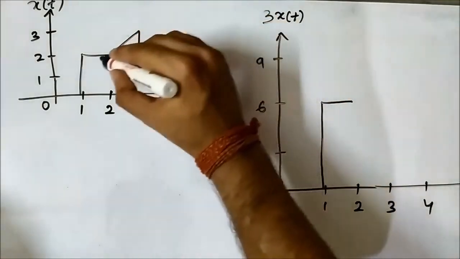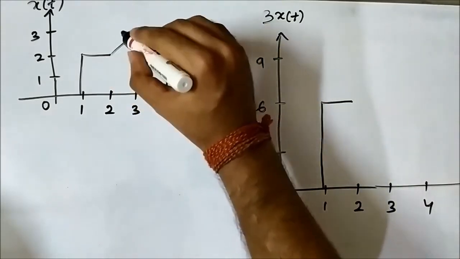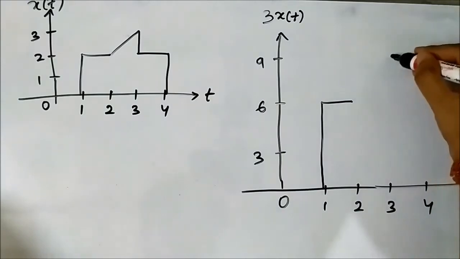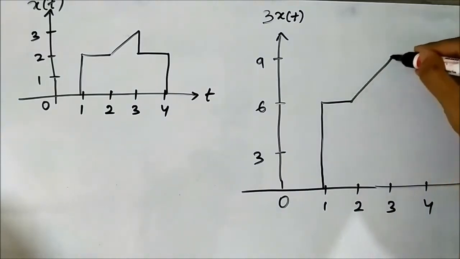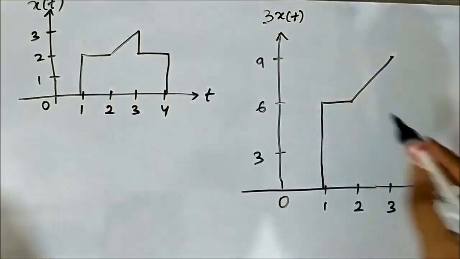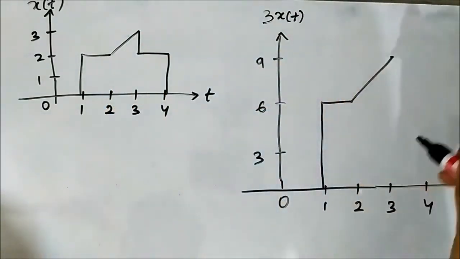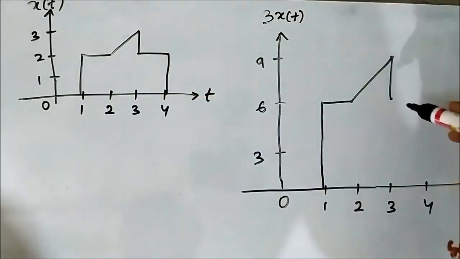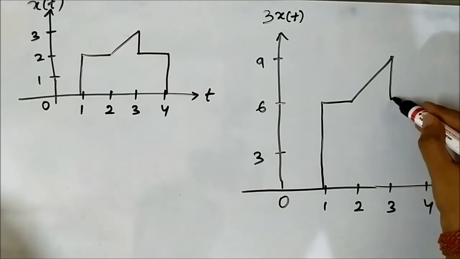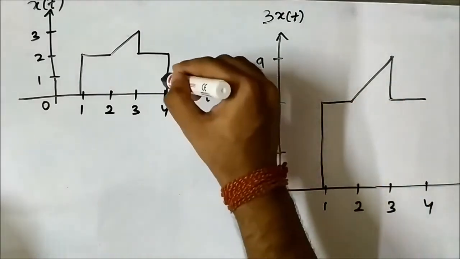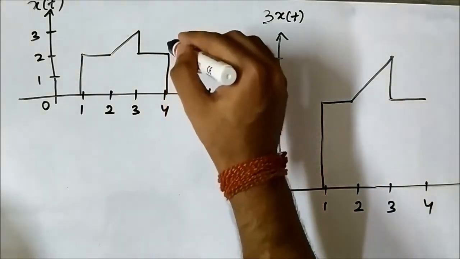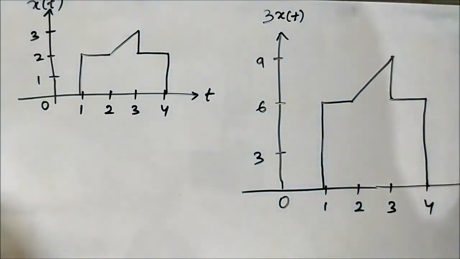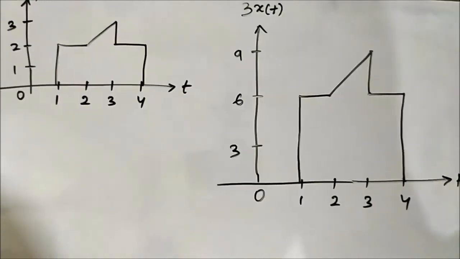From 2 to 3 there is a gradual increase with a suitable slope, so here it will be from 6 to 9, because 3 times. Then an instantaneous drop from 3 to 2, here it will be from 9 to 6, and then at 4 there is an instantaneous drop from 2 to 0, so here it will be from 6 to 0.